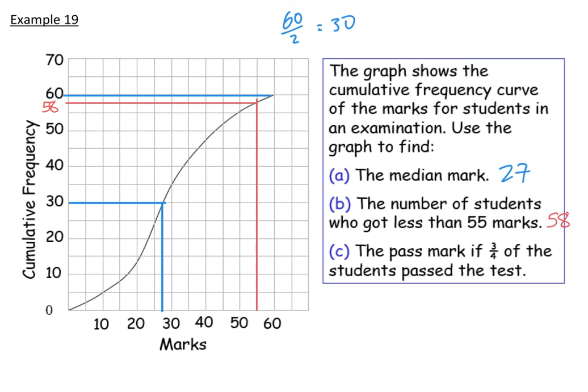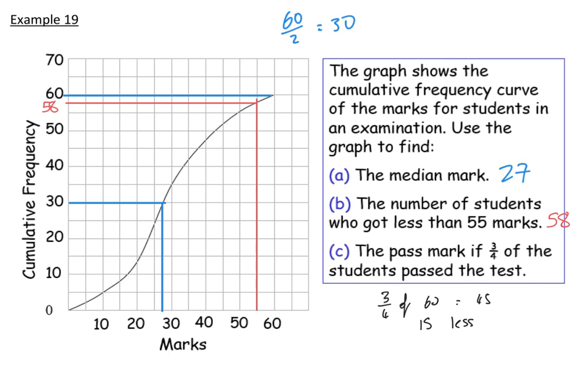Part C: the pass mark is such that 3/4 of the students passed. So we're looking for the top 3/4 to all pass. 3/4 of 60 is 45, so we want the top 45 to achieve more than the pass mark. We want 15 to be less than the pass mark so that they've failed.